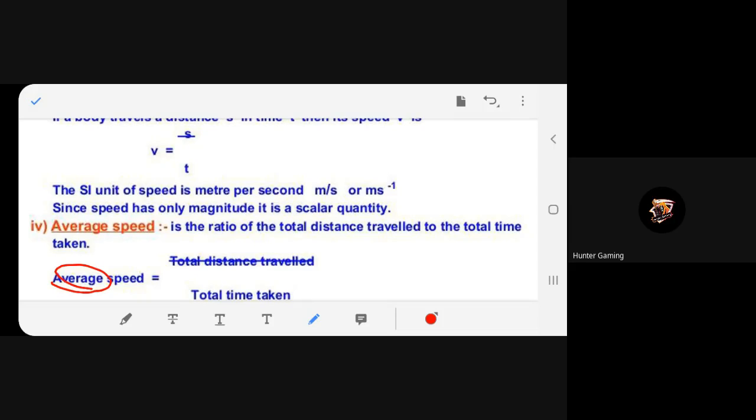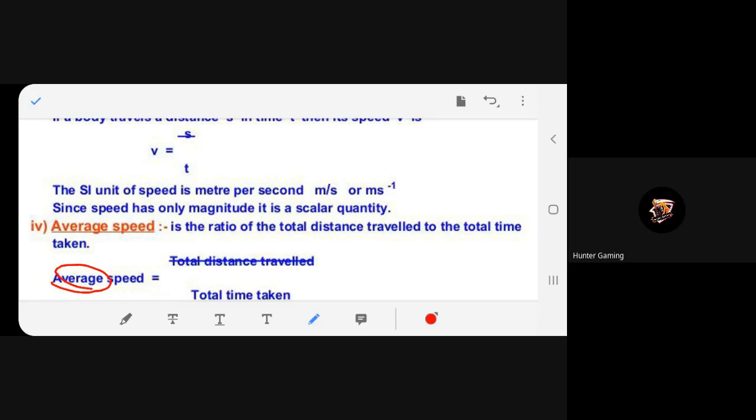If I ask you what is the average height of your class, what will you do? Haven't you been taught in maths? First, you will count all the heights, then divide by the number of children. So, total height divided by total number of children will give you the average height.